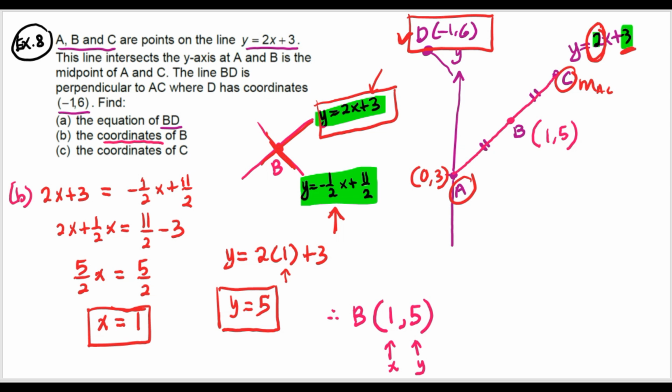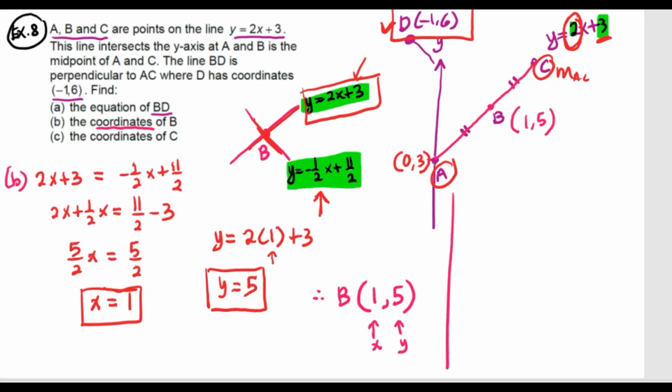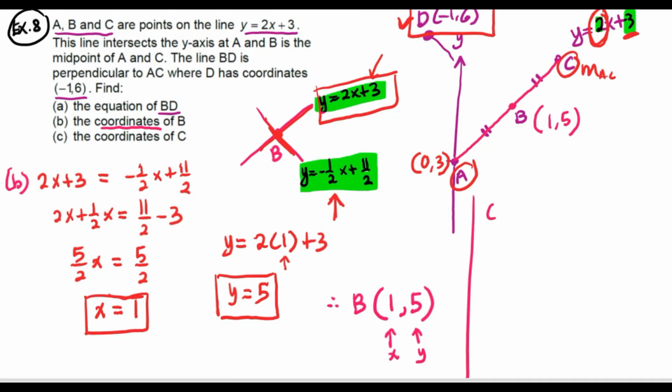To find the coordinates for C, we know that B is the midpoint. Recall that the midpoint is given by x1 plus x2 divided by 2, comma, y1 plus y2 divided by 2.